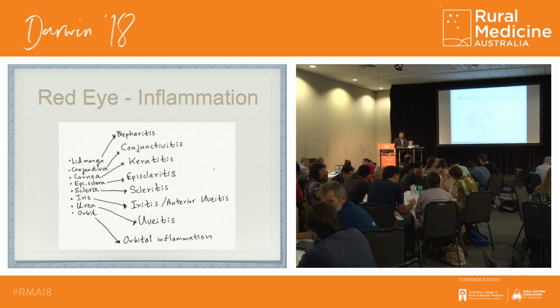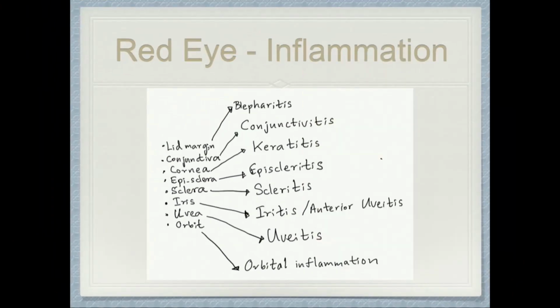Okay, so I got you to think, and that's good. So we'll go through the list. Lid margin is blepharitis, conjunctival inflammation is conjunctivitis, corneal inflammation is not corneitis, it's keratitis, okay? And episclera inflammation, the episclera being a layer between the conjunctiva and the sclera, is called episcleritis.